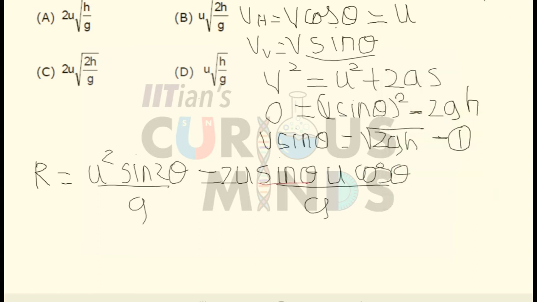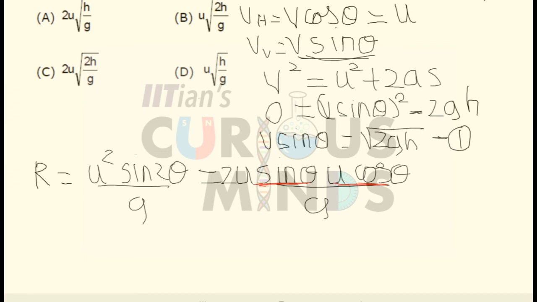Now if you concentrate on this part, u sine theta and u cos theta. Here u cos theta, that is v cos theta, is equal to u, so I will write this as 2u into u cos theta, that is v cos theta we have found out.